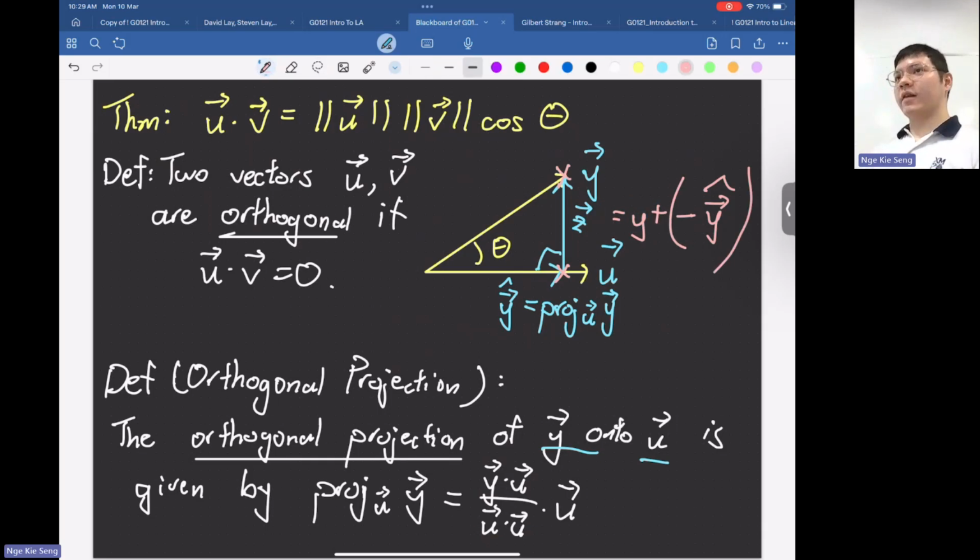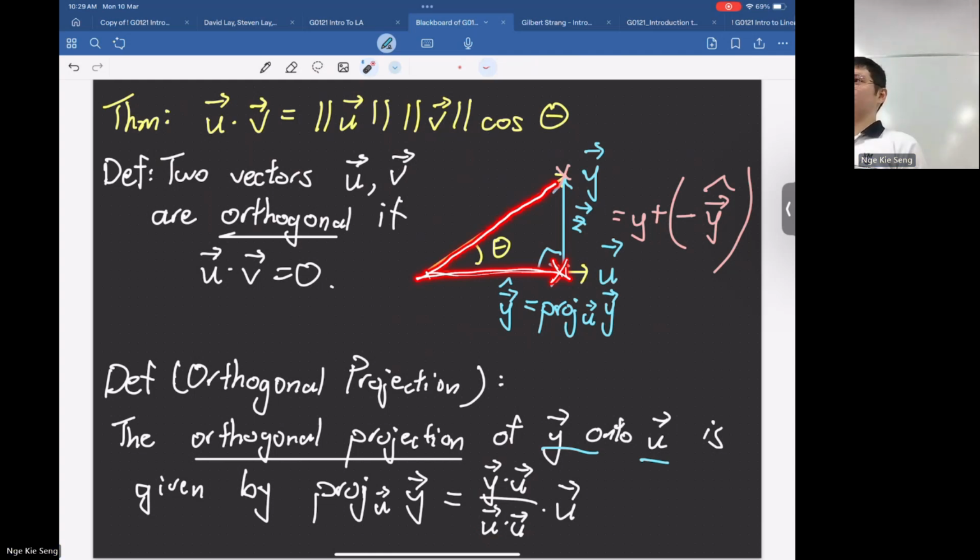We're adding two vectors together, and one of them is the negative of y hat. So y hat is this vector here. Negative y hat means you turn the arrow to the other side. So if you start from the bottom, you go to the left, and then you follow y. It's the same place. Does it make sense?